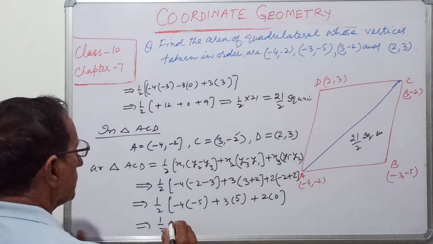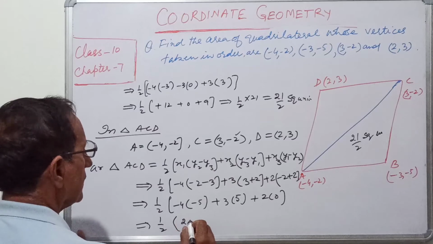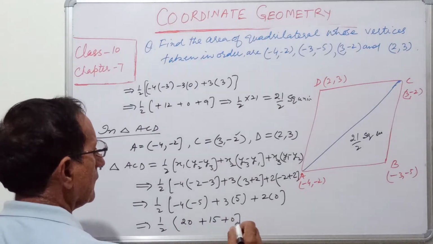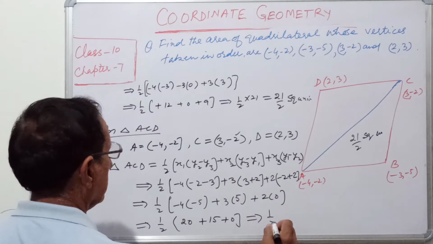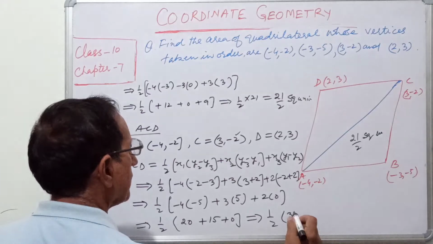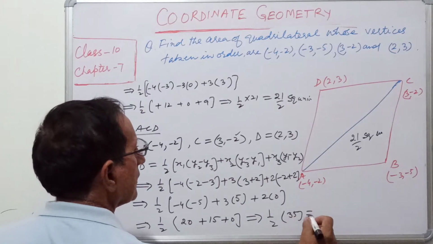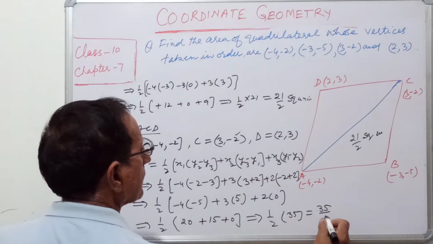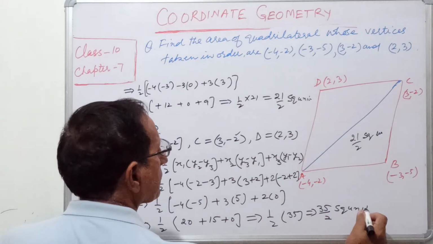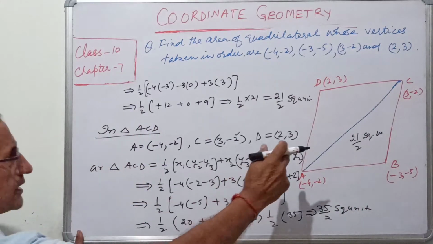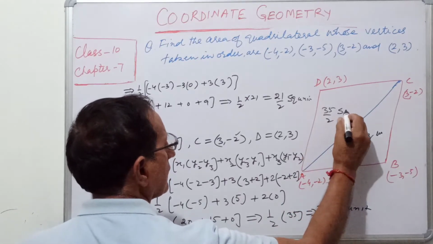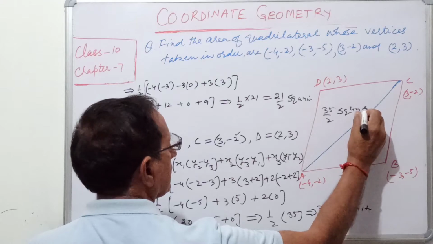So 1 upon 2 into 20 plus 15 plus 0. So this comes to 1 upon 2 into 35, that is 35 upon 2 square units. So the area of triangle ACD is 35 upon 2 square units.